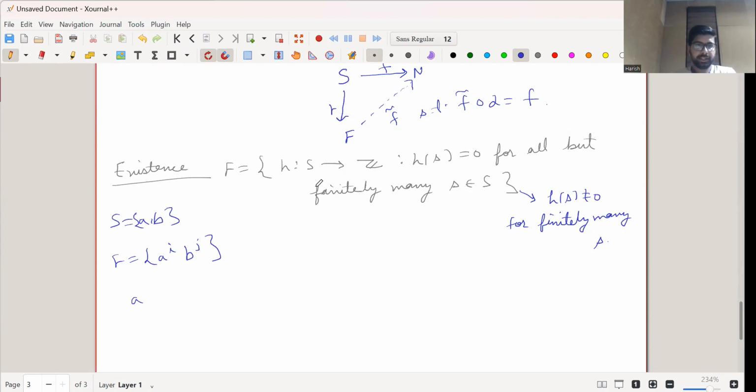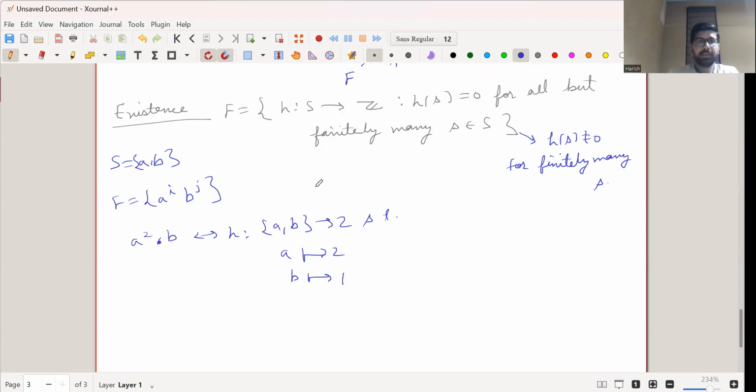So any element, say a^2 b, will correspond to the map h from S, that is {a, b}, to Z, such that a is mapped to 2 and b is mapped to 1. Here we have taken S to be finite, so any map is definitely going to be non-zero at finitely many places. But if you take S to be an infinite set, then also you can define it like that, and then you just collect the finite strings a, b, c, d and their powers.